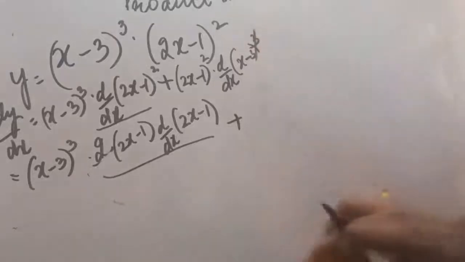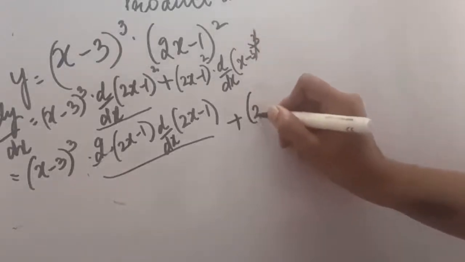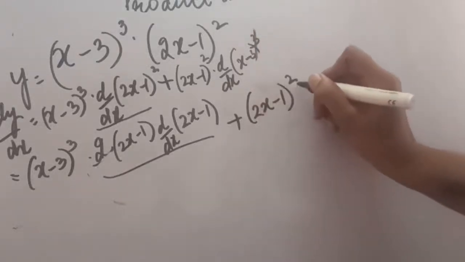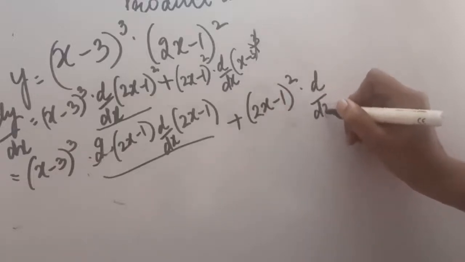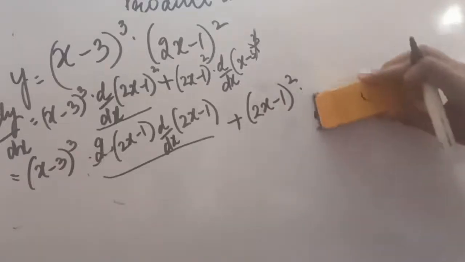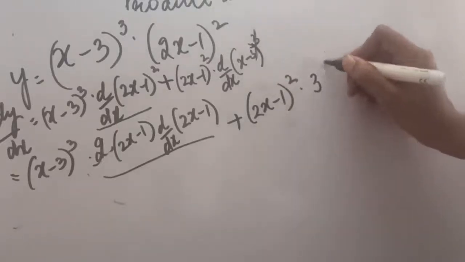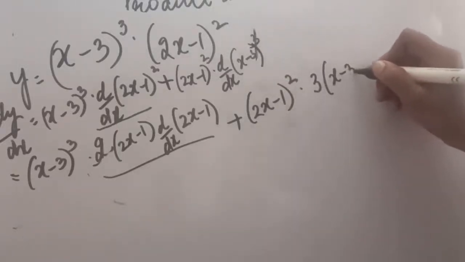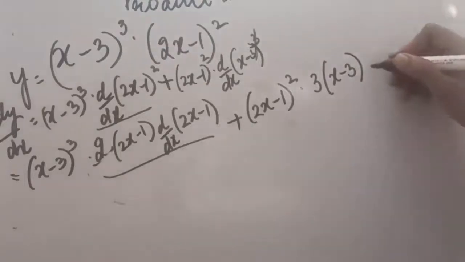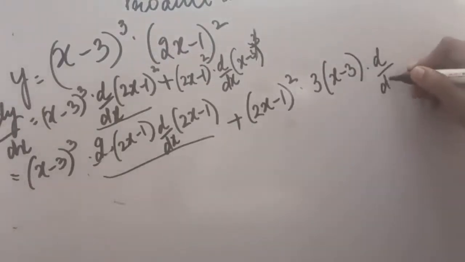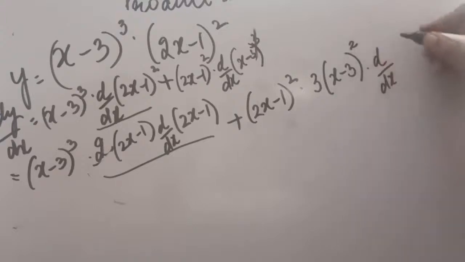Plus, coming to the second part of the question, it is (2x−1)² and the derivative of (x−3)³. If we take the derivative of (x−3)³, 3 will come in front, (x−3)² will be at its own place, and again the derivative of x−3.